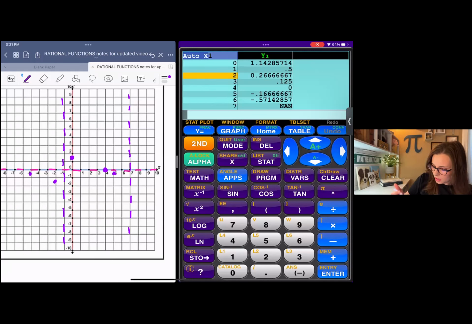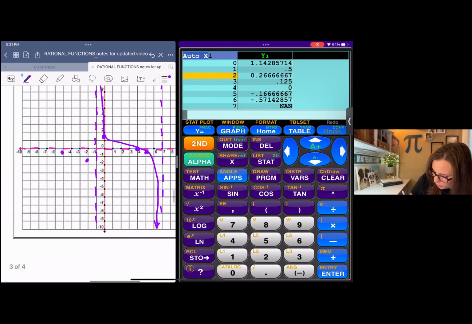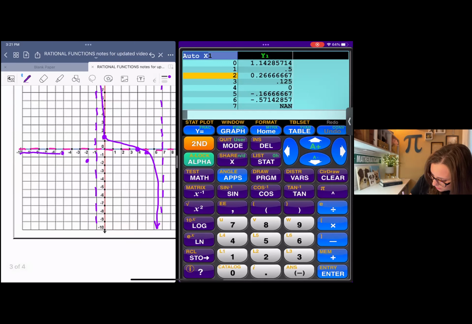So what I'm seeing is confirmation that I've got a little bit of a curve right here, and it's going to follow the boundaries down. And then I plotted some points over here that are also going to follow these boundaries.